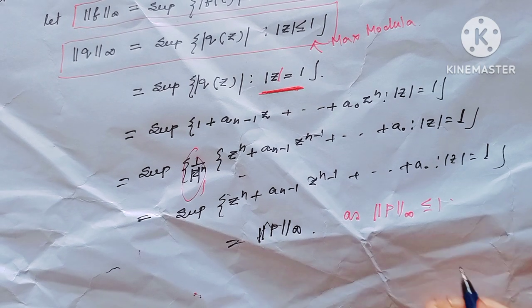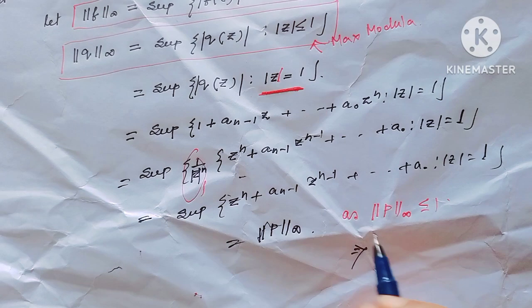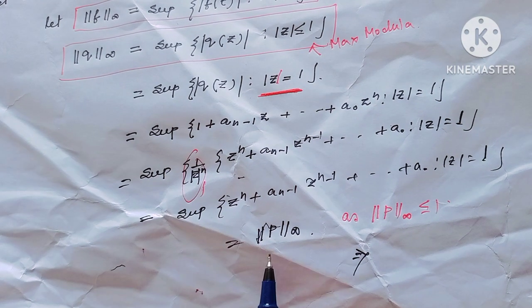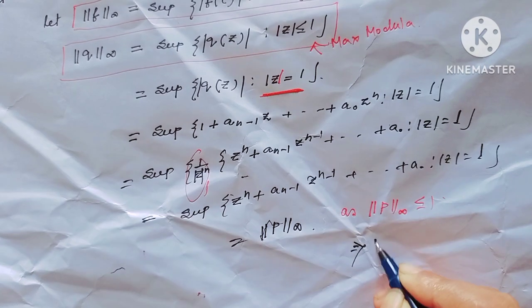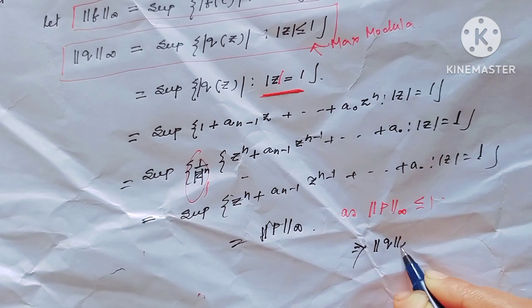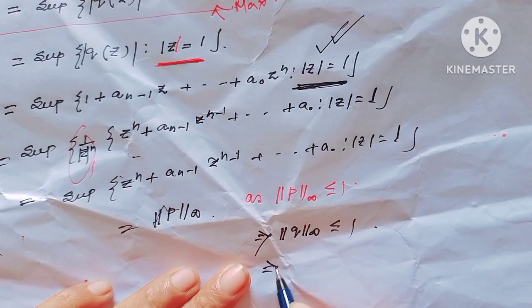Since I have got Q infinity norm and P infinity norm the same, that implies Q infinity is also less than or equal to 1.